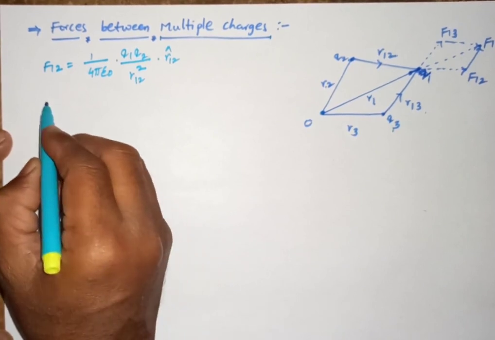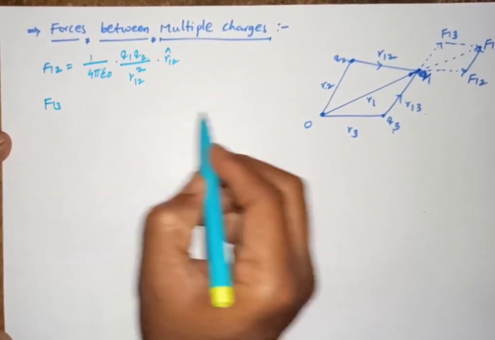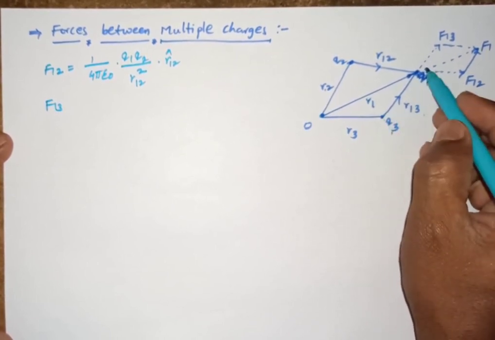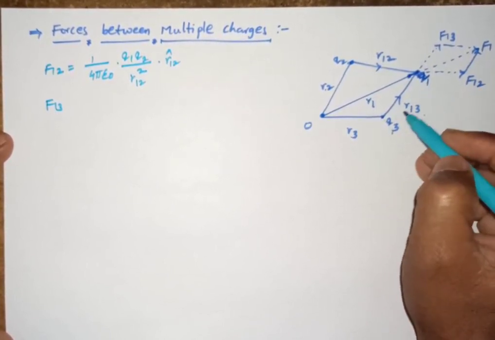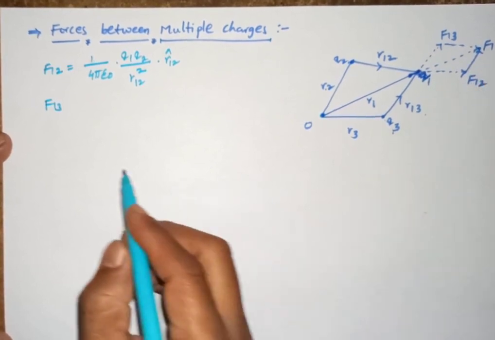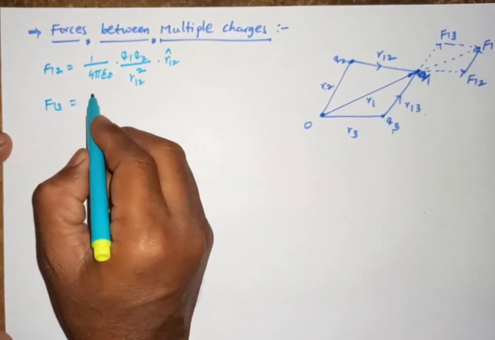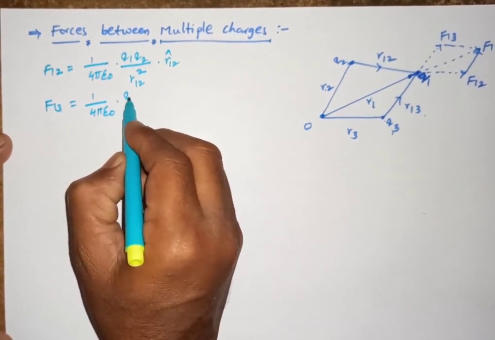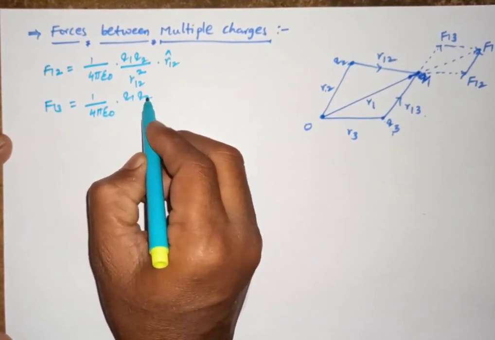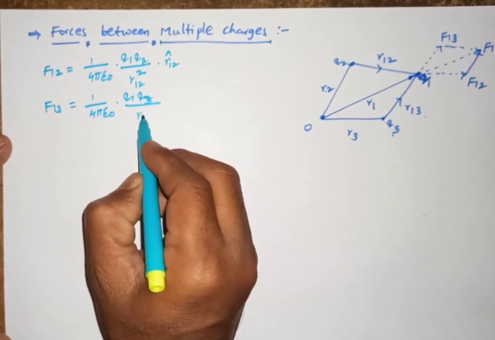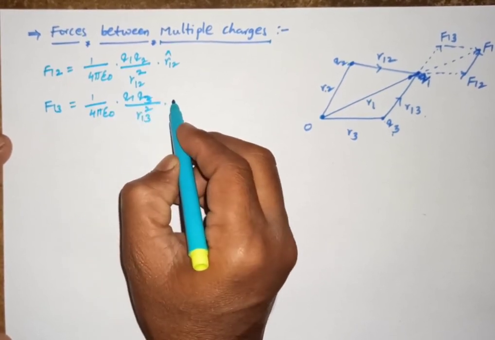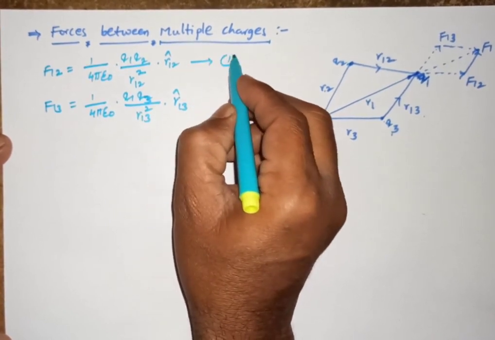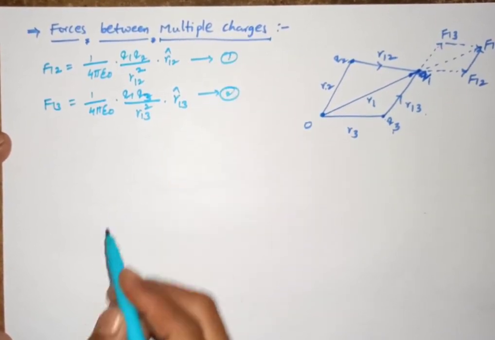And F13, the force between q1 and q3, equals 1 by 4 pi epsilon naught into q1 q3 by r13 whole square into r13 cap. So these are equation number 1 and equation number 2.